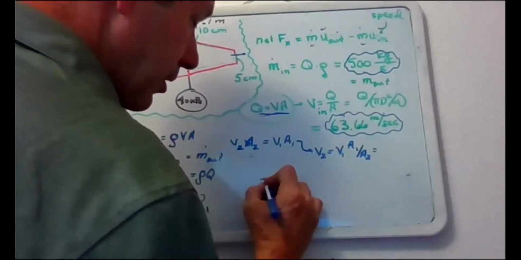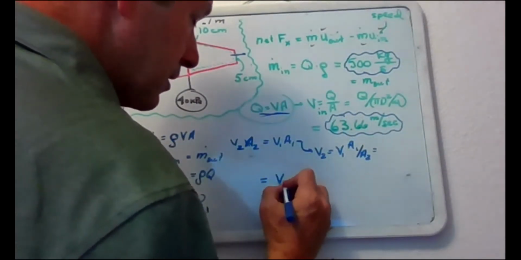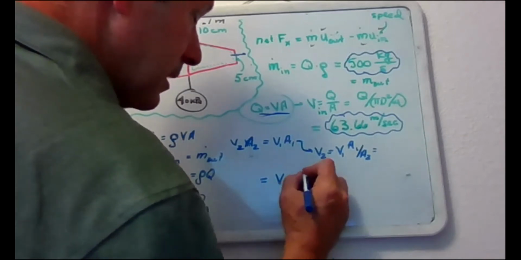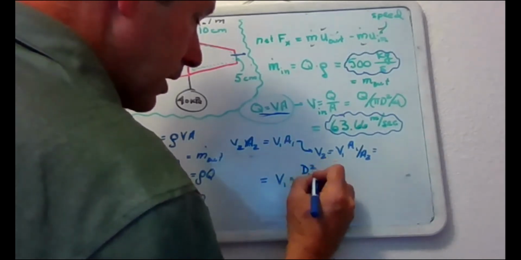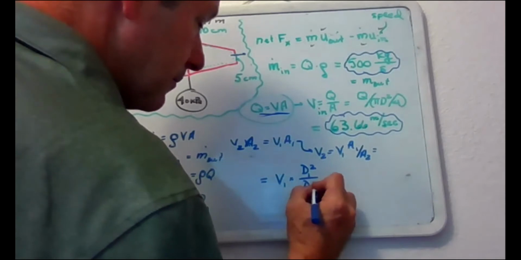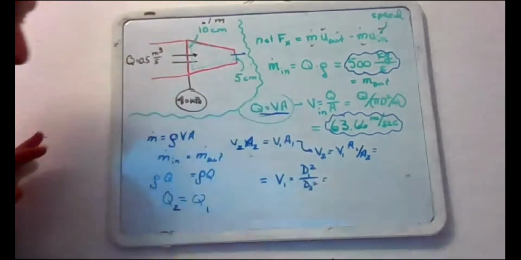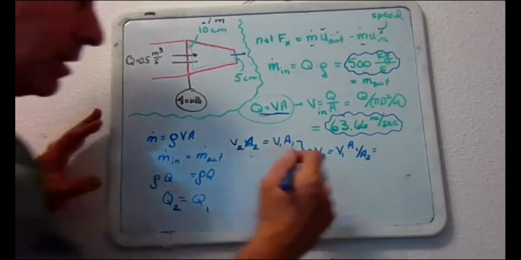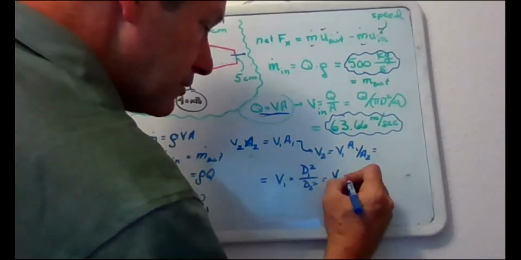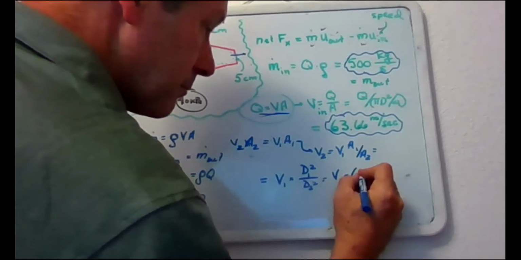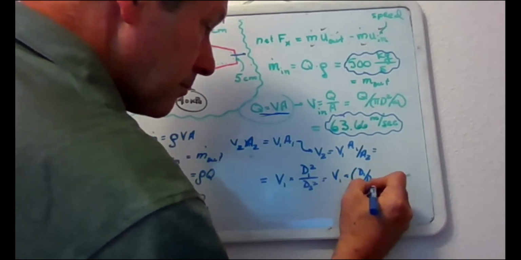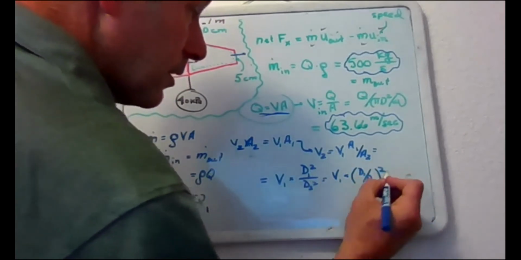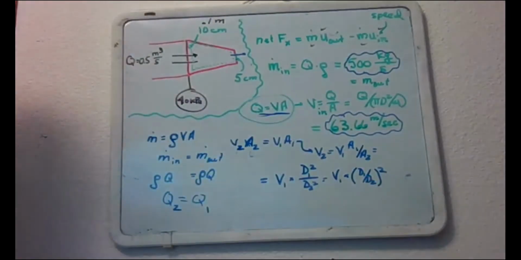I'll do this down below. This is going to be V1 times D1 squared over D2 squared. Okay? And we can even be a little bit slicker about it. If we have something squared over something else squared, we could just write it as a single square. Okay, and I'll pause for a second and see if you can get the number yourself.